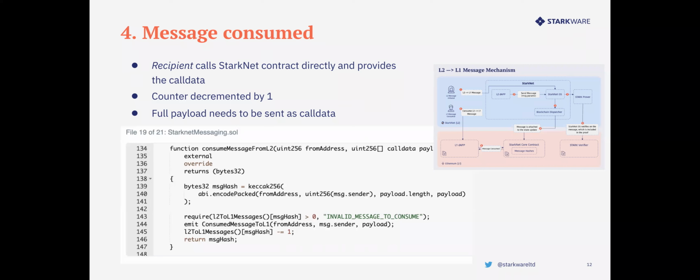This comes pre-programmed, so there is no way to fake who is the sender of the message. And the call data, which is similar to what we configured when we send the message on L2. We compute the hash in the same way, and only if the same hash exists as part of the registry on the core contract, can we decrement the counter and mark the message as consumed. Make sense so far?